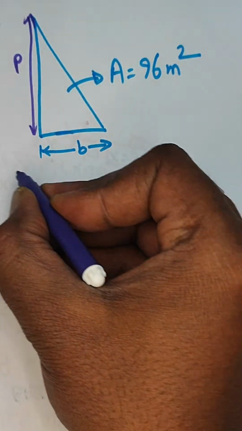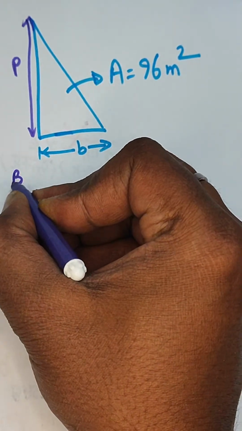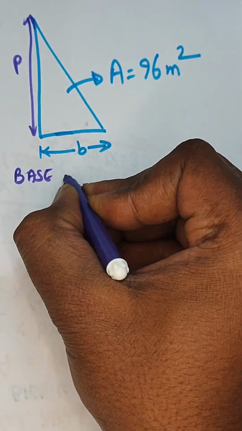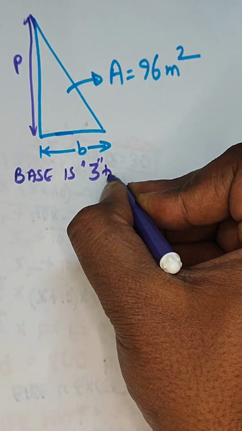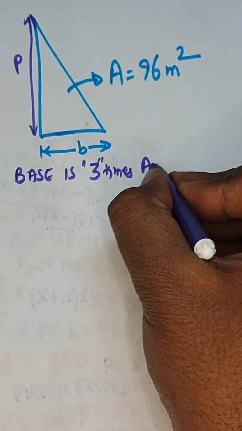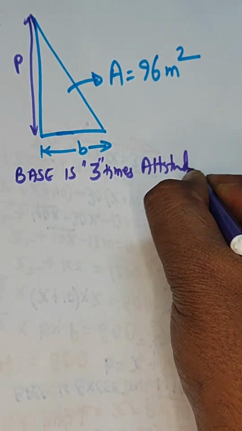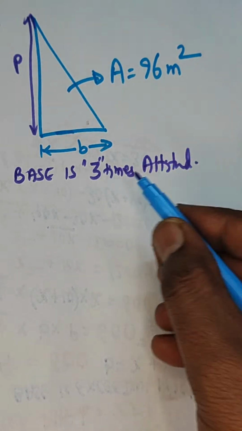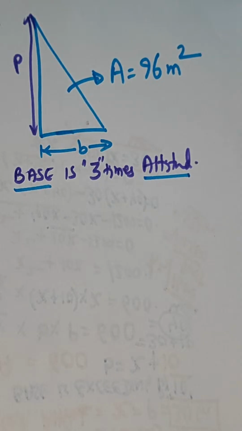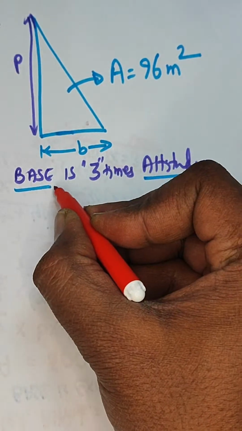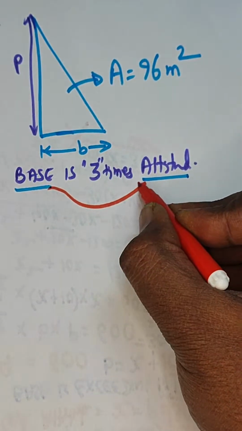Now it's given that base is 3 times the altitude. That means what we need to assume? We need to assume base, or we need to assume altitude? Tell me, my dear friend, tell me. It's given that base is related with altitude, right?